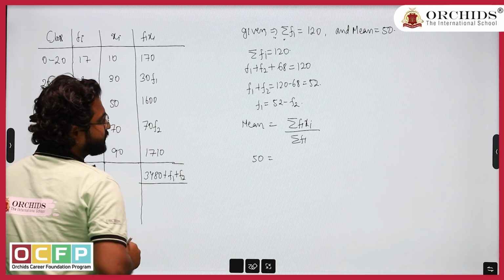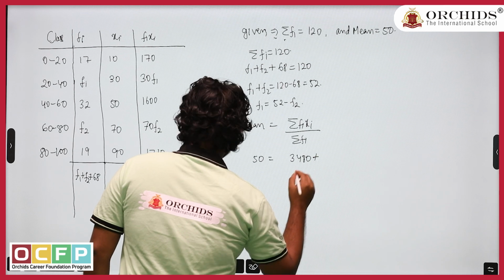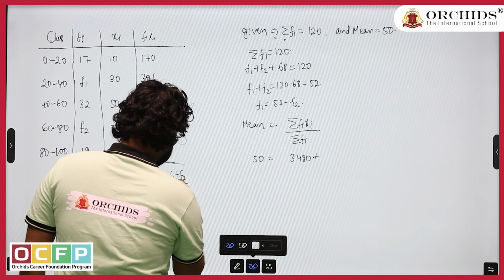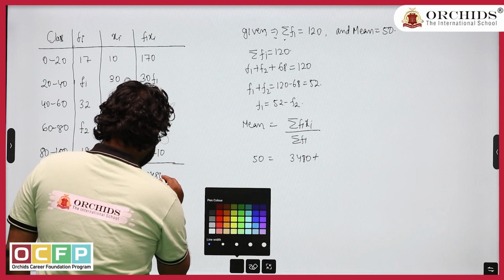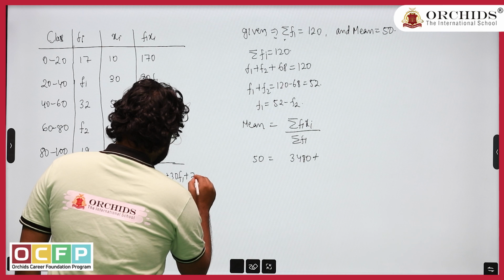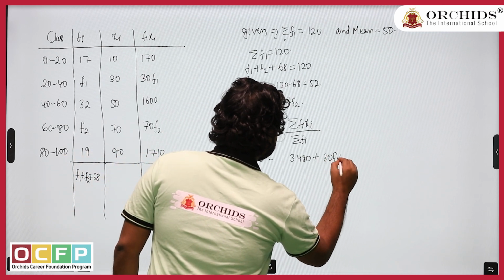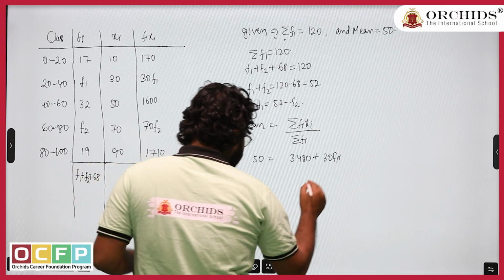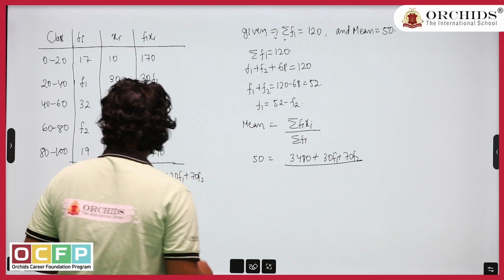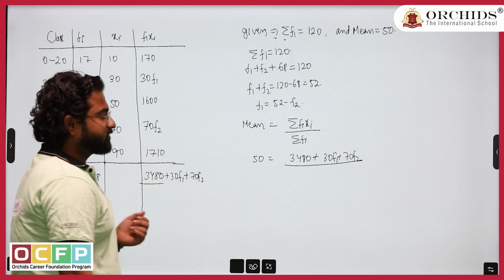This is my sigma fi xi, and it is 3480 plus 30 f1 plus 70 f2, the whole thing divided by sigma fi.